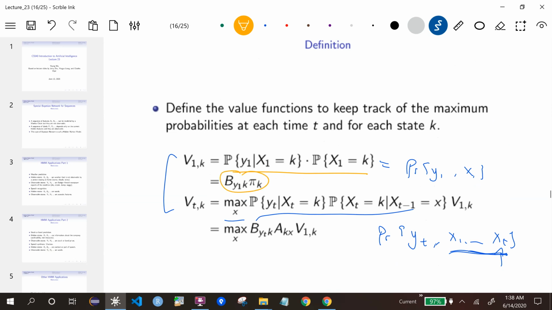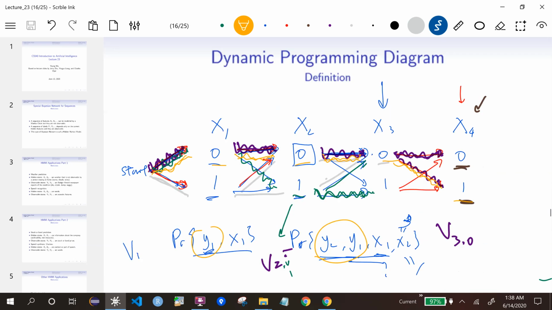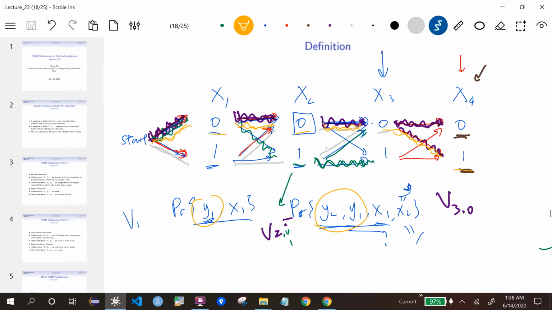So you should spend some time to figure out why this probability corresponds to b multiplied by pi, and these correspond to b times a times the previous time probabilities, but they are the same as what we did before in the previous lecture and in the previous part. But the main interesting part is we are keeping track of the optimal path so far to save computation, and that's basically the main idea of dynamic programming.